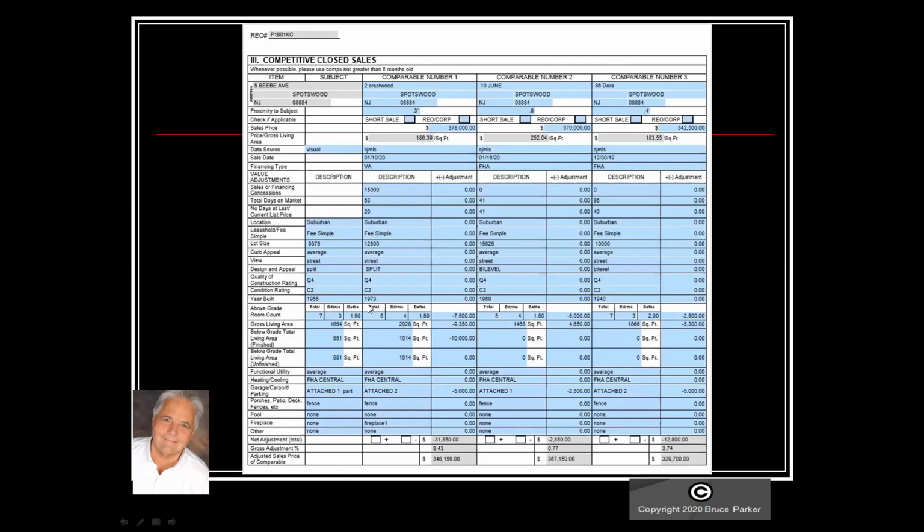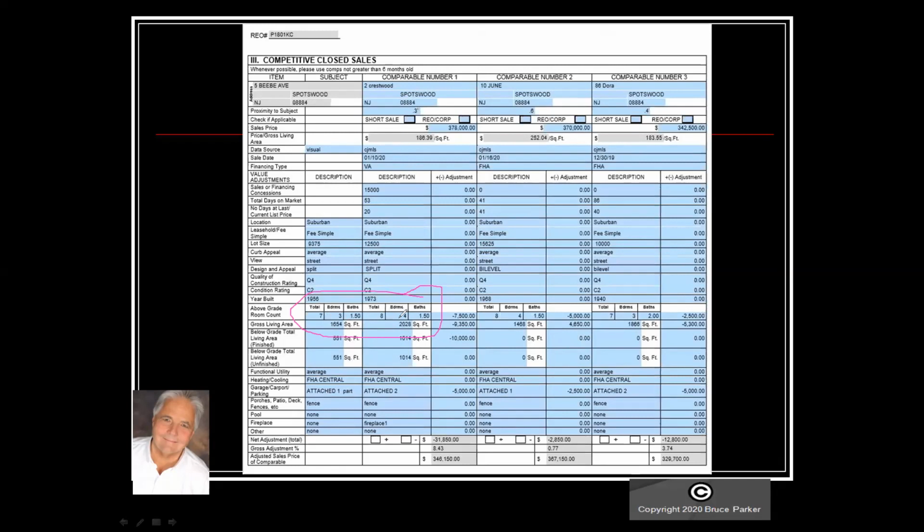Now we do see some adjustments in the above grade room count. So if we come down here to the above grade room count, we're going to see that the subject has 7 total rooms. The comparable has 8. The subject has 3 bedrooms.